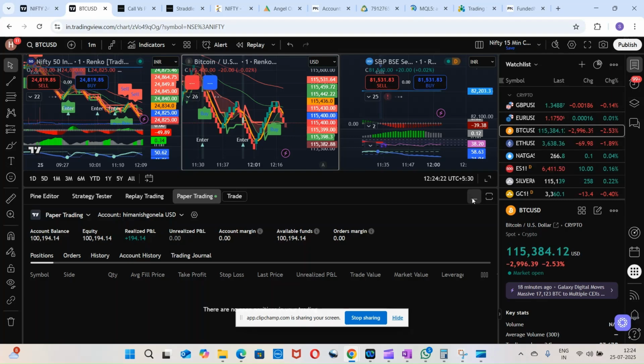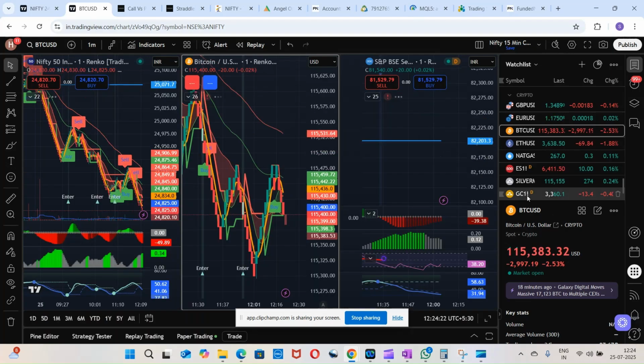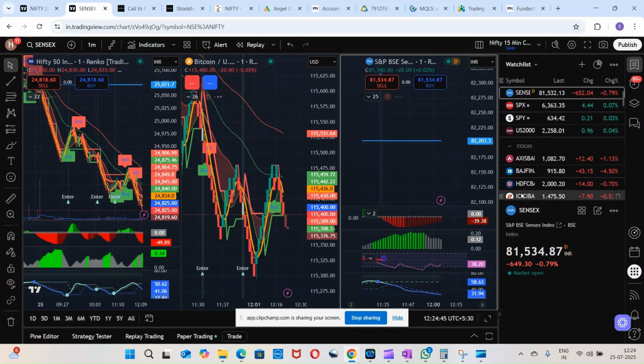So this is Bitcoin. If you want to trade gold, see here, there will be buy and sell. But this is an index, it won't allow you, but this it will allow you to trade. Okay, so let me open gold also.